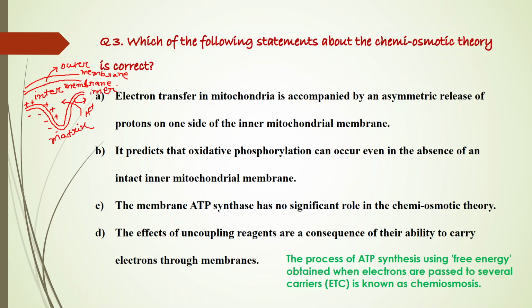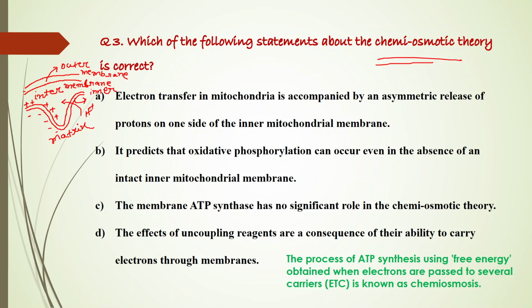So according to that, if you have to match chemiosmotic theory, electron transfer in mitochondria is accompanied by an asymmetric release of protons on one side of the inner mitochondrial membrane. That is the correct statement.